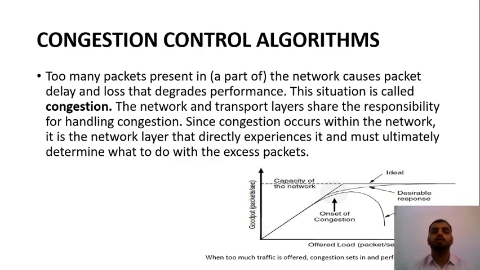Now, coming to the next concept: the congestion control algorithm. Till now, what we have studied is all about routing, sending packets from sender to receiver, and the various routing algorithms. But what if there is something called congestion? What do you mean by congestion? Congestion means there is a 3-lane road and 4 vehicles want to move on that 3-lane road.